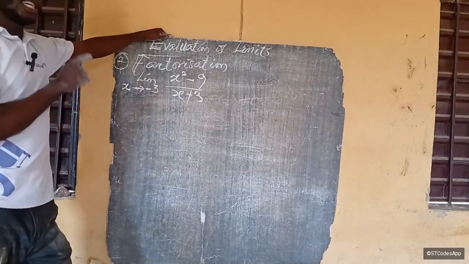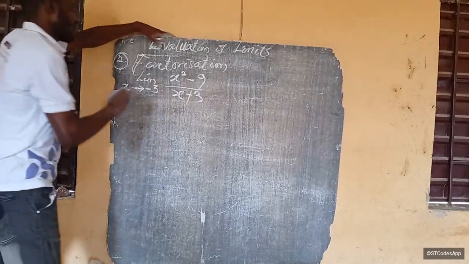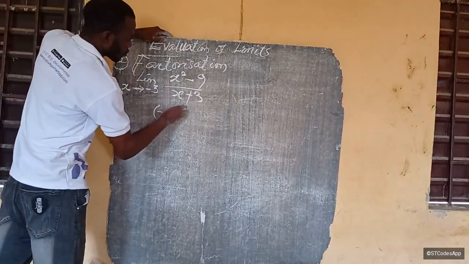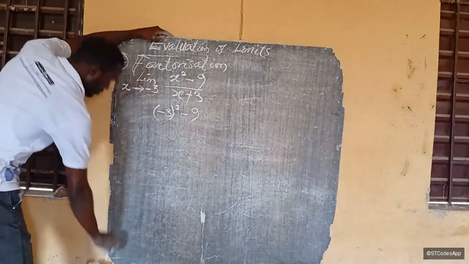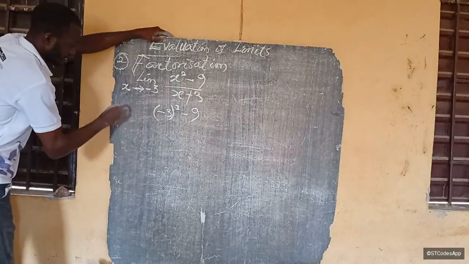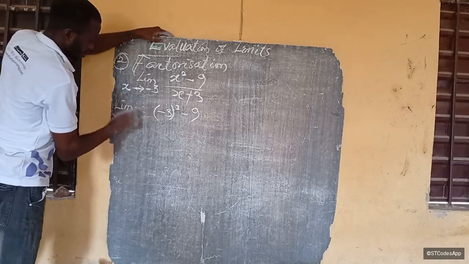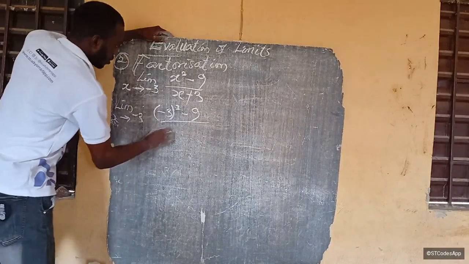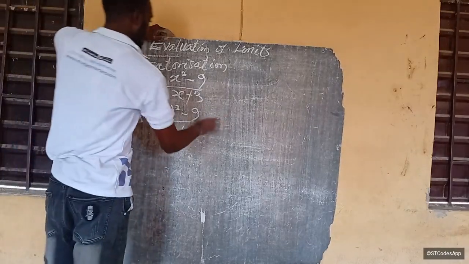In this case, if you directly substitute, let's see what will happen. It will be minus 3 all squared minus 9 over minus 3 plus 3.